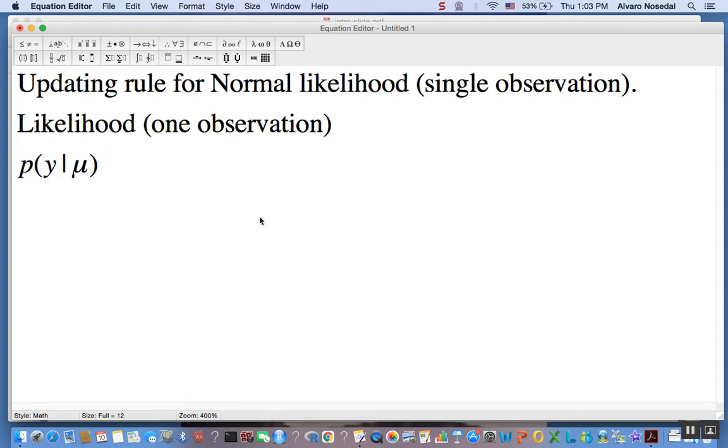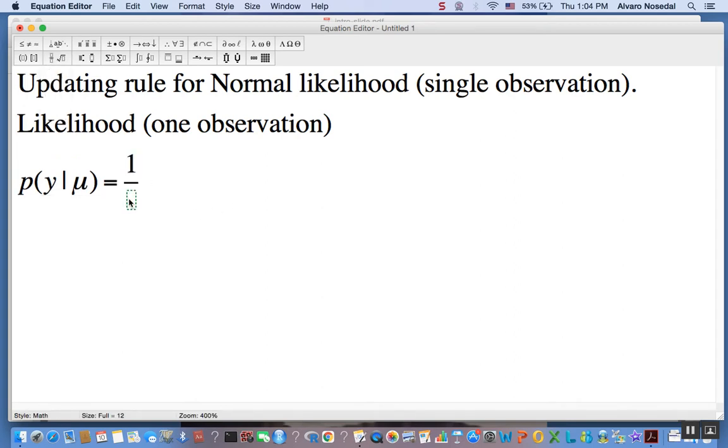And again, note that we are assuming that sigma squared is known. That's why we only have that parameter mu here. So we know that the probability density function for a normal with mean mu and variance sigma squared is given by something like this.